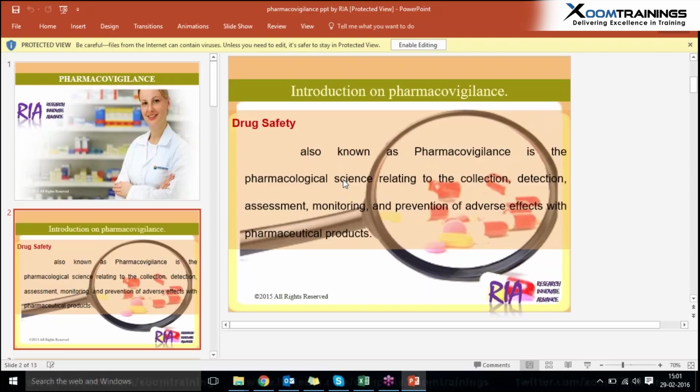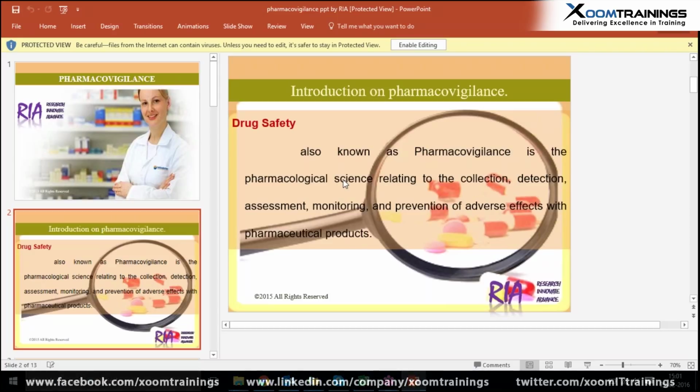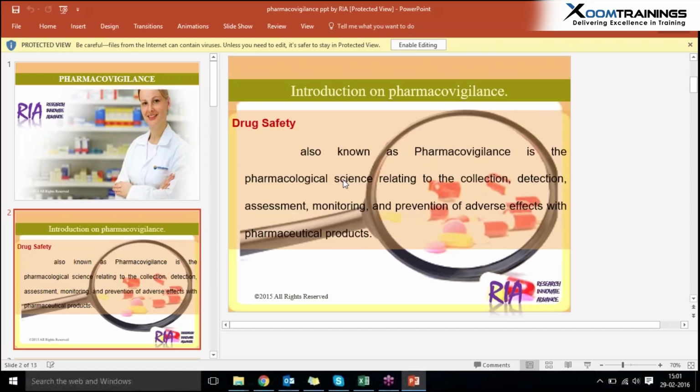What they are saying in the definition is that this is a pharmacological science. Pharmacology deals with the actions of the body on the drug and the drug on the body, like pharmacokinetic information and pharmacodynamic information. Pharmacokinetic information is what the body does to the drug.